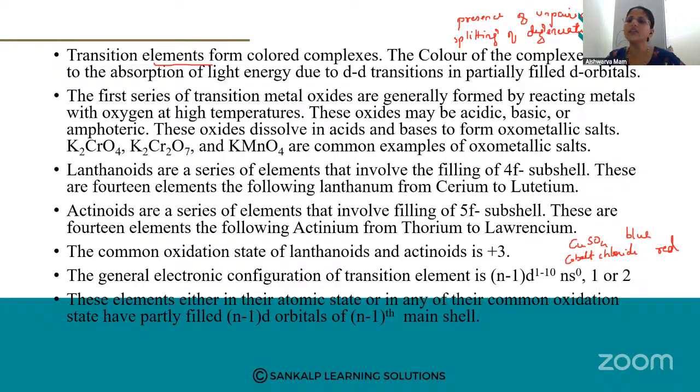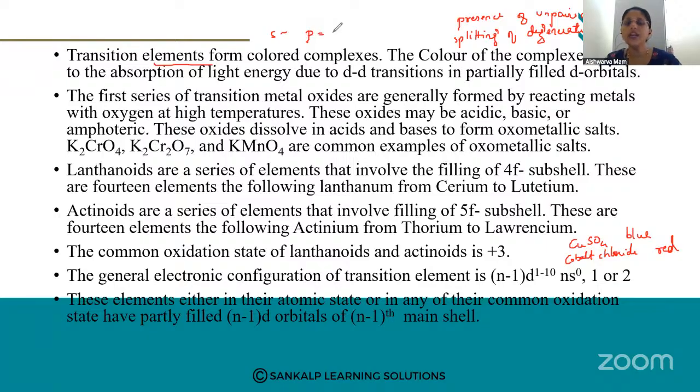What are degenerate orbitals? Degenerate orbitals are the orbitals which belong to the same subshell and have almost the same energy. For example, in the d subshell there are 5 d orbitals: dxy, dyz, dzx, dx square minus y square, and dz square. These are all called degenerate orbitals. S is not having any degenerate orbital; it has only one orbital.